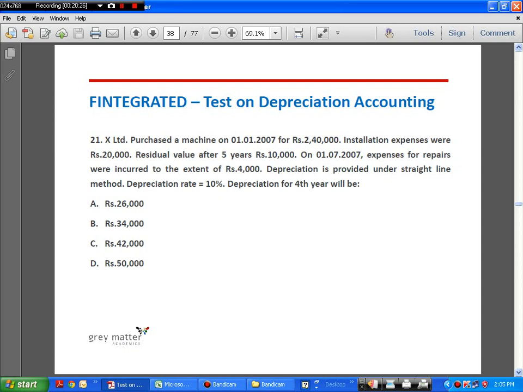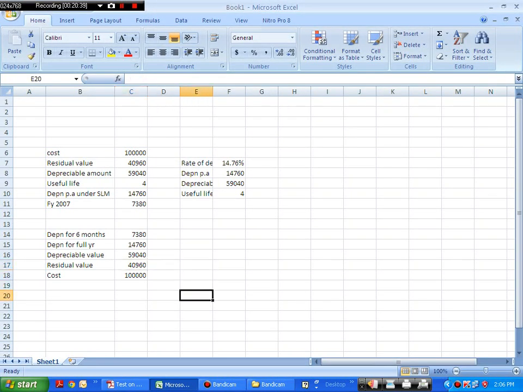So when the depreciation rate, whether it is SLM or WDV, is given to us in the problem, it has to be directly applied on the cost of the asset and not on the depreciable amount.